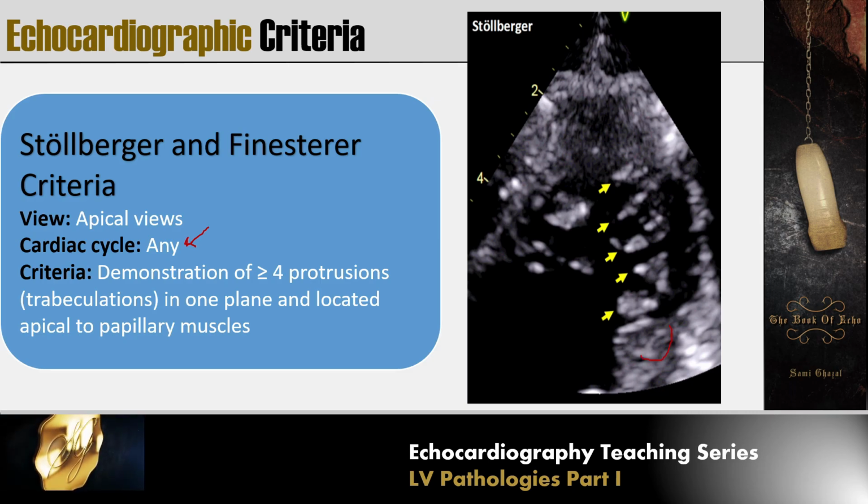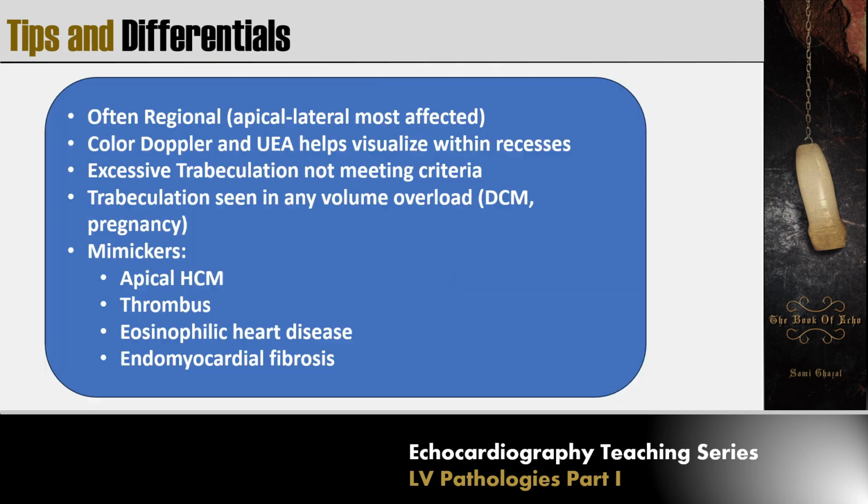So if this is the papillary muscle, distal to it, we have to demonstrate 1, 2, 3, 4, and here 5. So 4 or more protrusions or trabeculations in a single plane, any part of the cardiac cycle, apical view, distal to the papillary muscle is consistent with myocardial non-compaction.